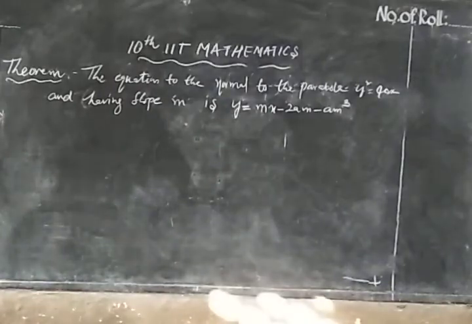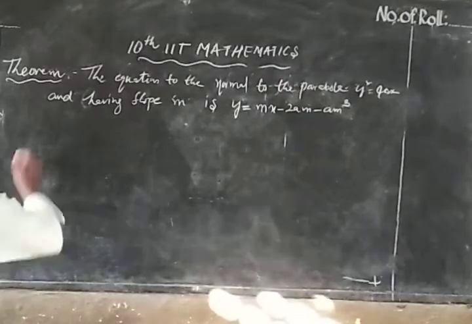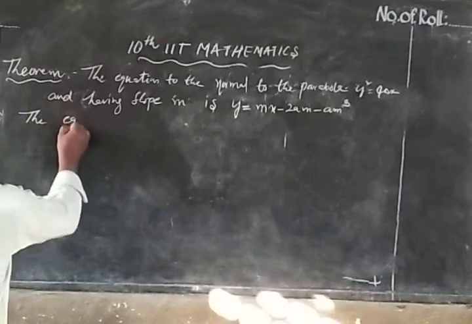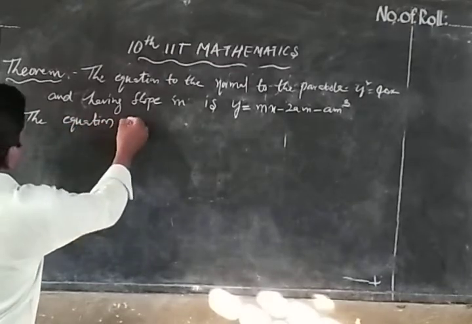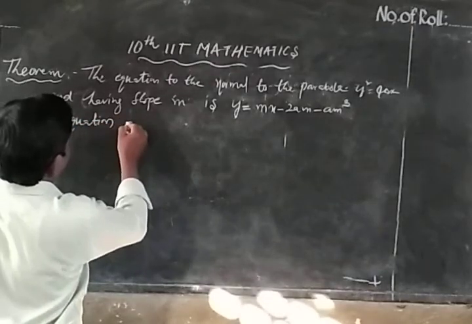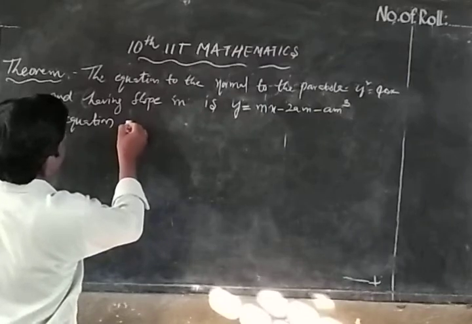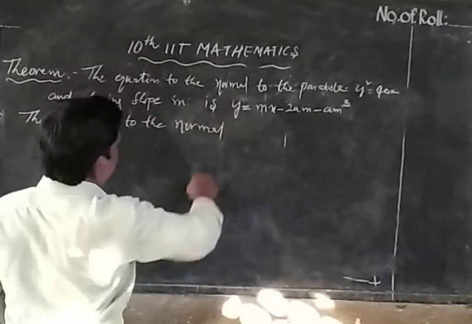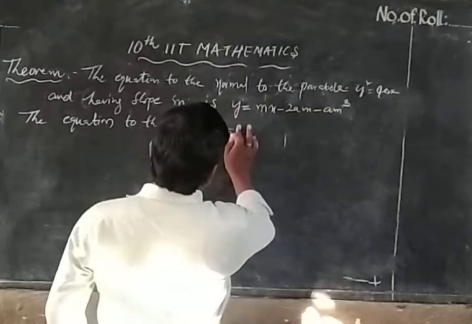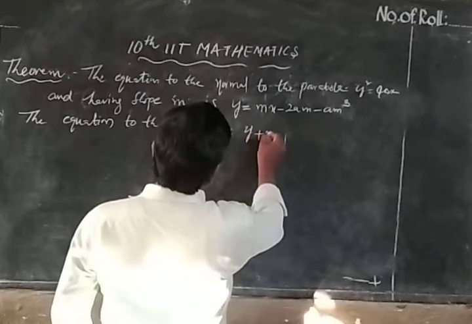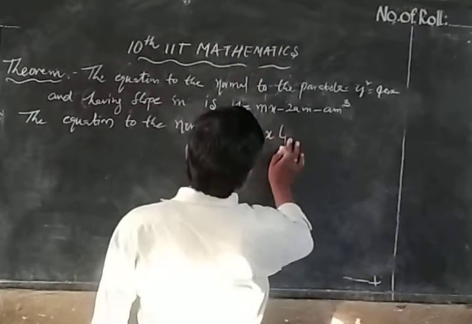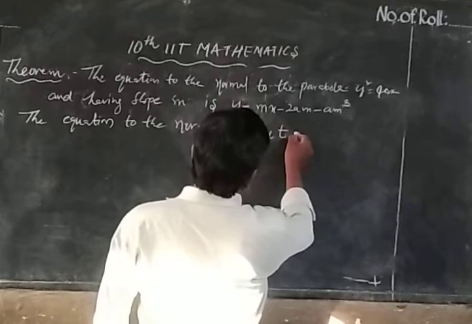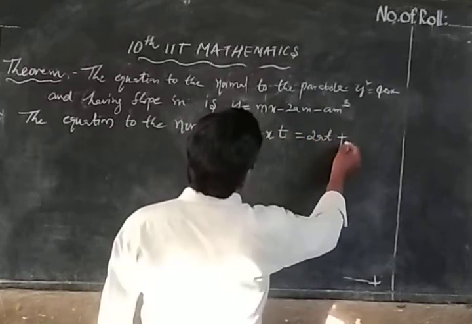So we know that the equation to the normal is y plus xt equal to 2at plus at cube.